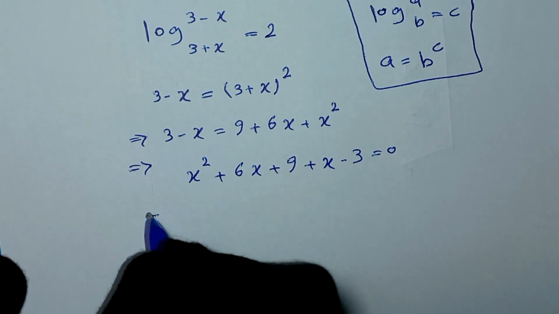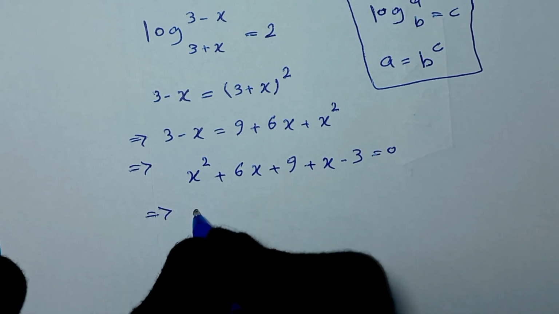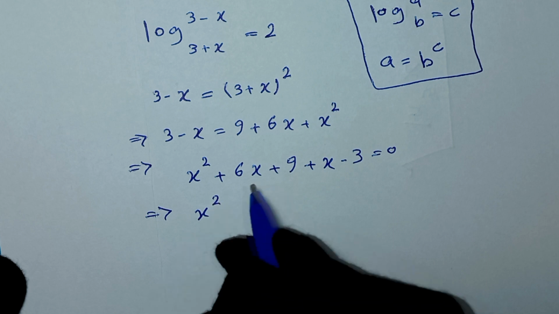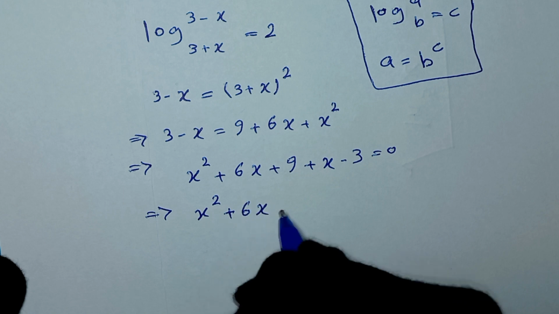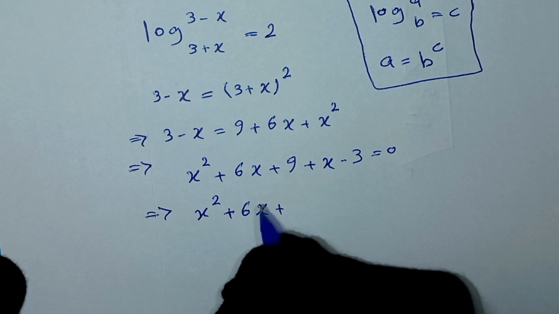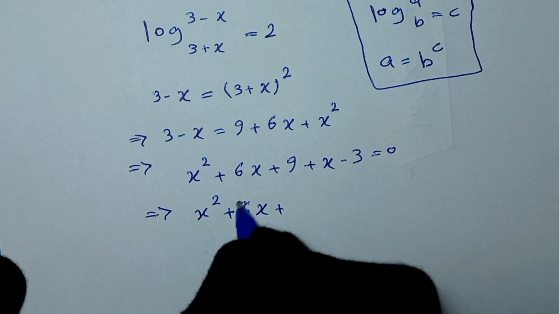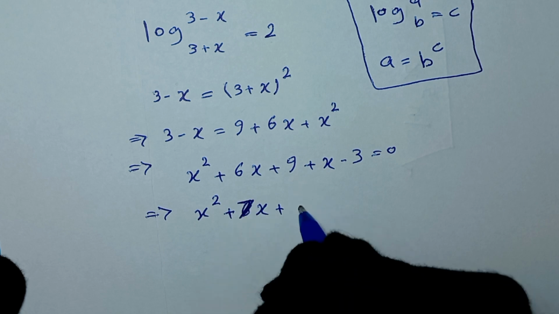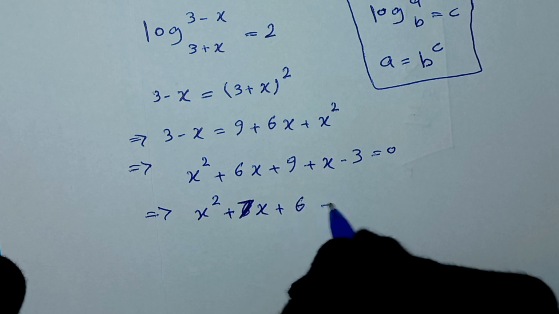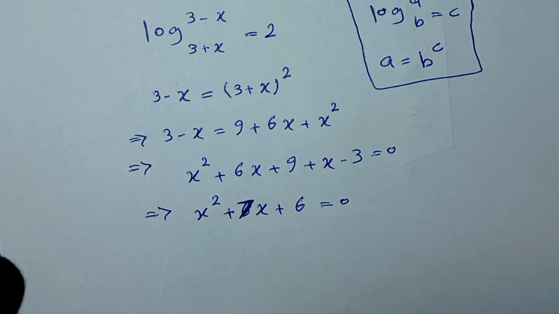And it will be x squared, 6x plus x, it will be 7x, and plus 6 is equal to 0.